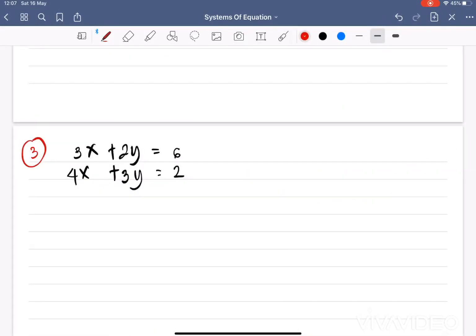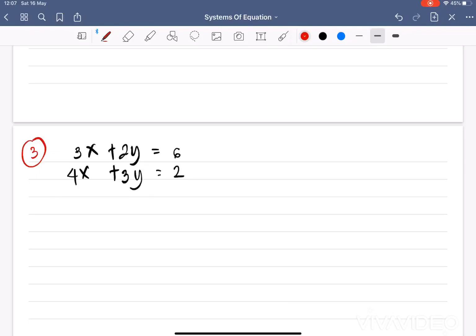Example number 3 is more complicated compared to example number 1 and example number 2. In example number 1, what we did is we eliminated directly. In example number 2, what we did is we multiplied a number so that we will get the opposite of the numerical coefficient that you want to eliminate. For number 3 here, you first need to make a decision which variable you're going to eliminate.